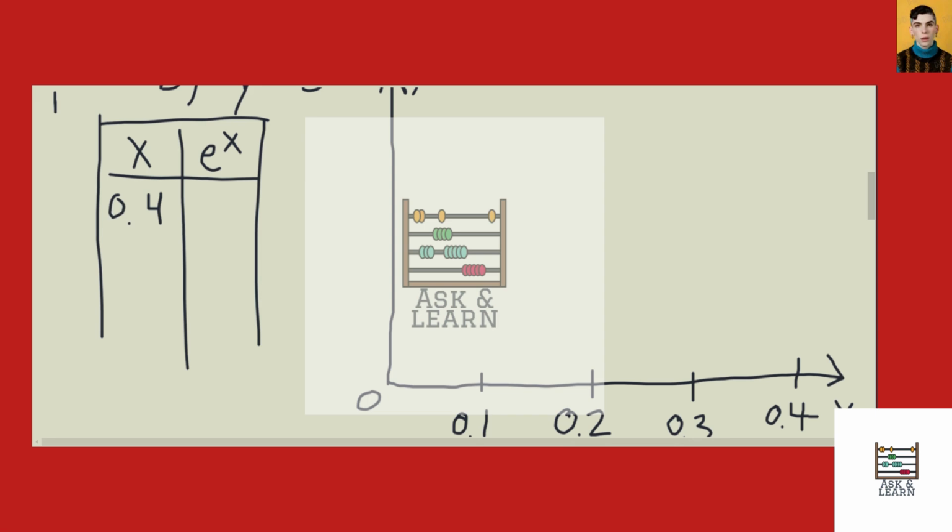0.4, b of 0.4 is going to be 8 to the 0.4, which is approximately equal to 1.4918.